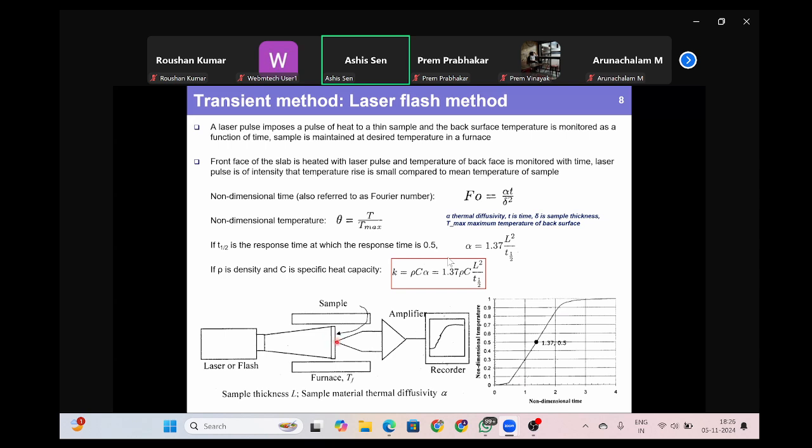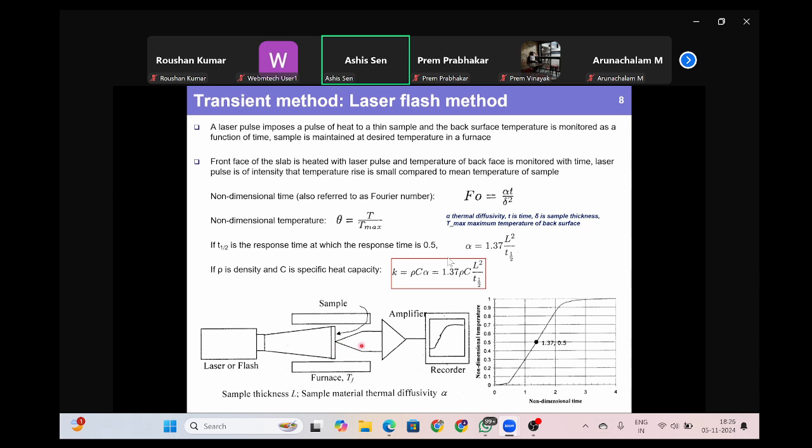And you are consequently measuring the temperature change that happens at the back surface. Because when you shine the laser, it heats up. So the heat gets transferred, the temperature here will rise, the temperature at the back end will rise, which you are trying to measure.